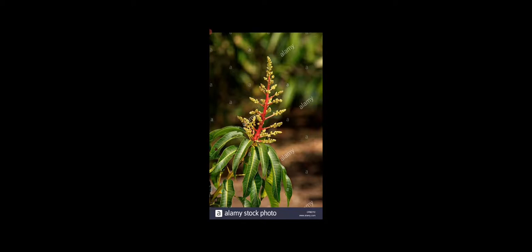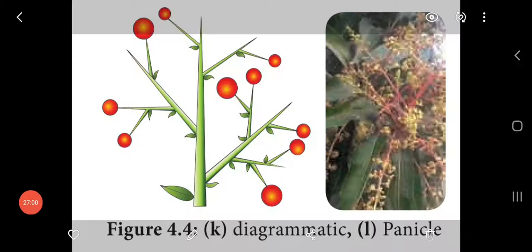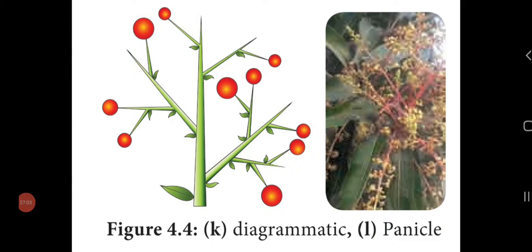Dear students, up to this we have seen main axis elongated and its types with examples. See the diagrammatic representation of panicle inflorescence. See the main axis.